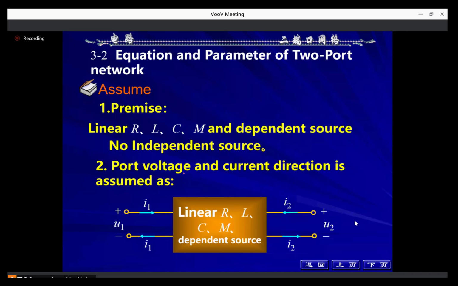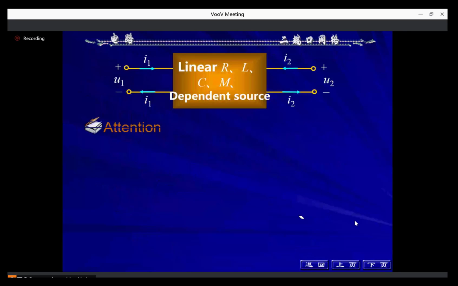The port current and port voltage directions are assumed as in this figure. U1 is positive to negative, and I1 flows from positive to negative. I2 flows from the positive to negative of U2. This is the basic definition of the UI direction. Pay attention, now we have 4 variables: U1, I1, U2, I2.